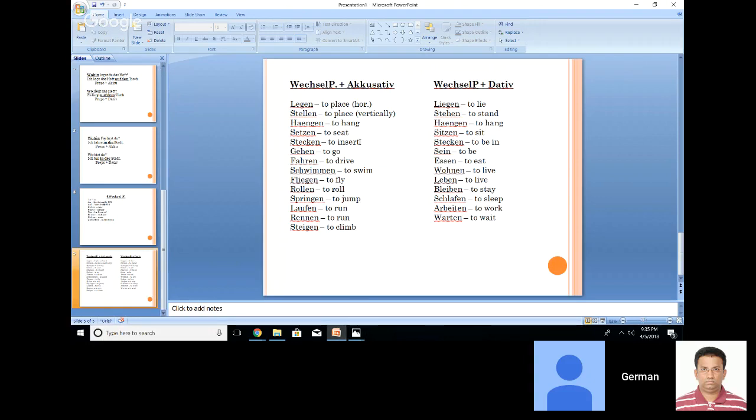The first five are important because they are different for accusative and for dative. Legen is to lie horizontally and liegen is to lie. It is already lying on it. Stellen is to place it or to make it stand vertically, like keeping a book in the shelf vertically, and in Wechsel, it is stehen, which means to stand.